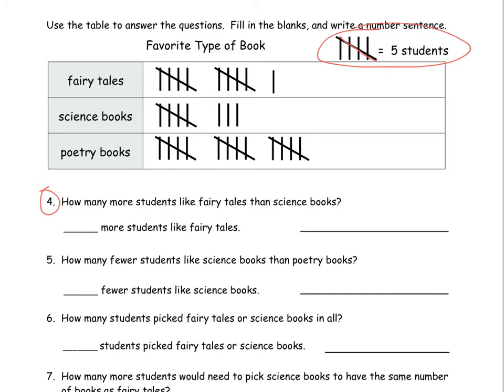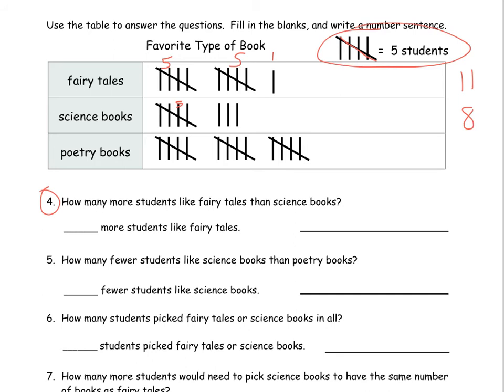How many more students like fairy tales than science books? So I'm going to count how many fairy tales we have, and remember these dashes, when we have 4 and then a line through it, that's 5. So I have 5, 5, and 1, 5, 10, plus 1 is 11. And then I'm looking at science books, 5, and then 6, 7, 8.